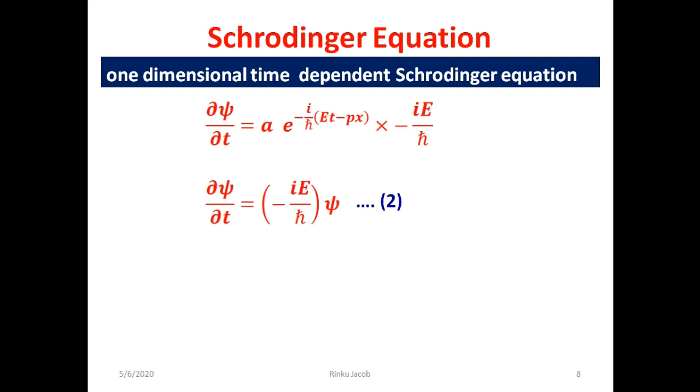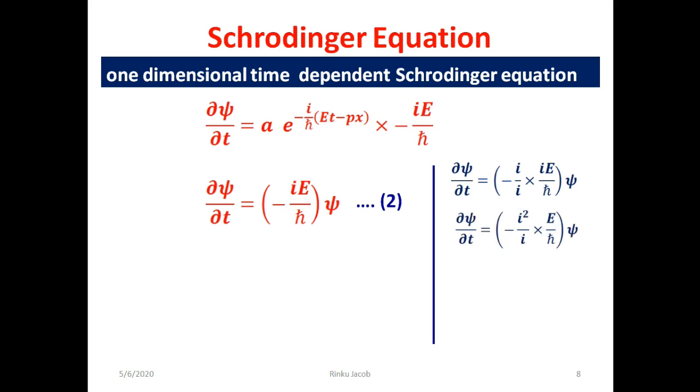That is equation 2. Now multiplying the numerator and denominator of the RHS by the complex number i, that is dou psi by dou t equal to minus i by i into i E by h cross into psi. That is dou psi by dou t equal to minus of i square by i into E by h cross into psi. But i square is negative 1.